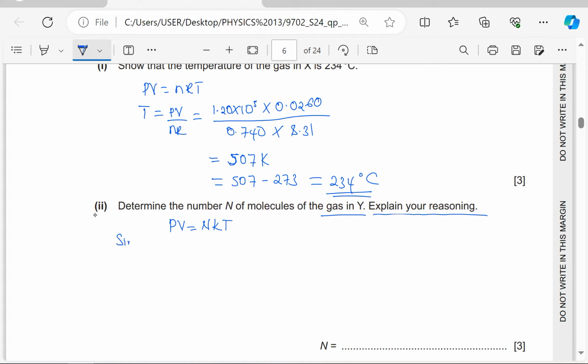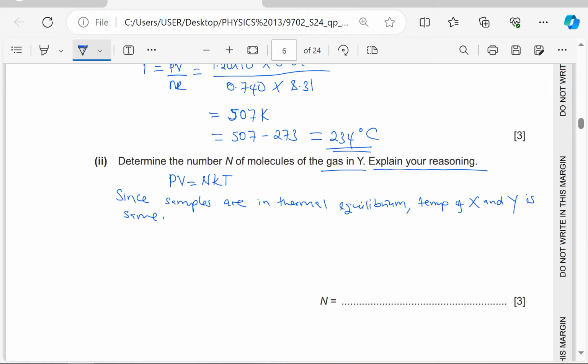So I'll say since the samples are in thermoequilibrium, then the temperature of X and Y is the same.